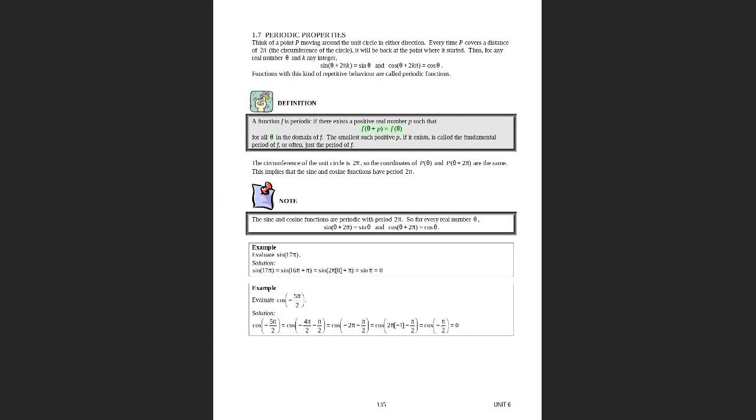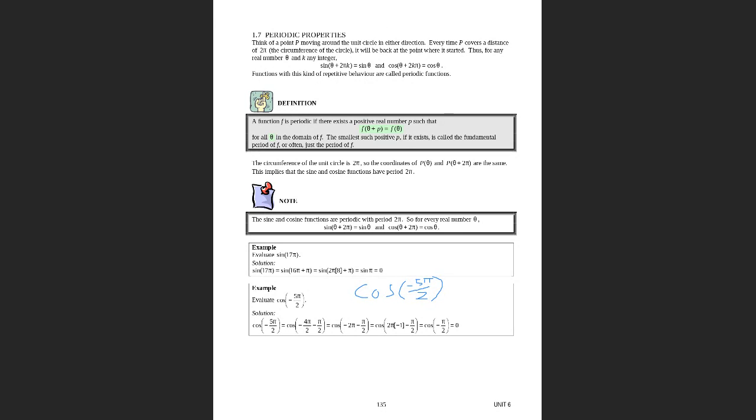In this question, they have given you cos of minus 5 pi over 2. So you have to be able to rewrite this one so that you are going to have multiples of 2 pi.